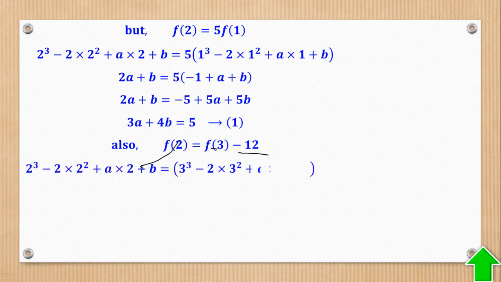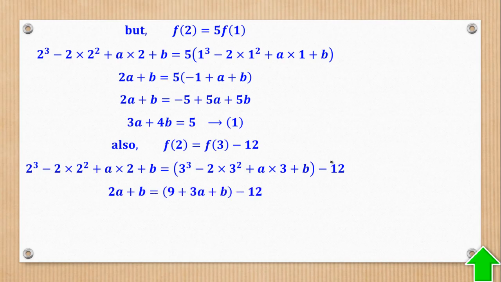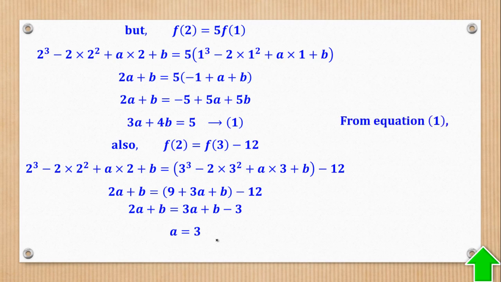So substitute f(2) equals f(3) minus 12. Simplify, you'll get equation 2. So here, and the good thing here, the b has cancelled, so I've got the equation 1 straight away. After getting equation 1, so after getting value of a, I can now get the value of b. And that is what they wanted.